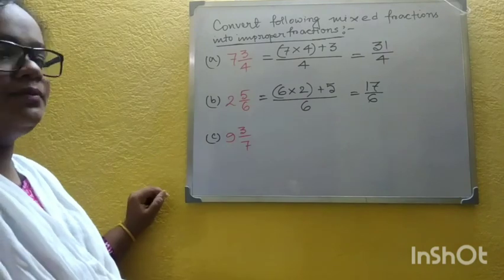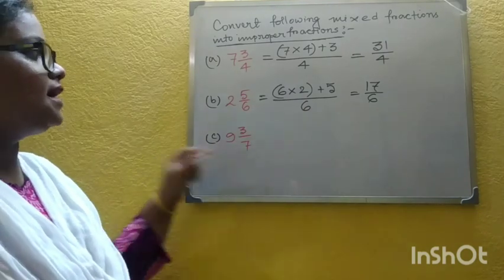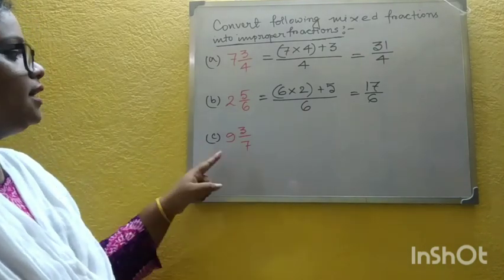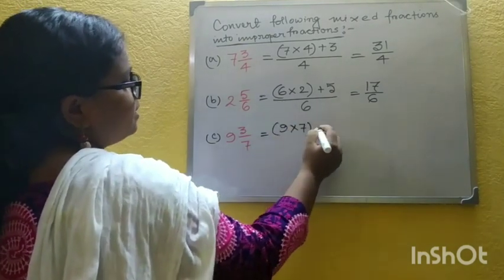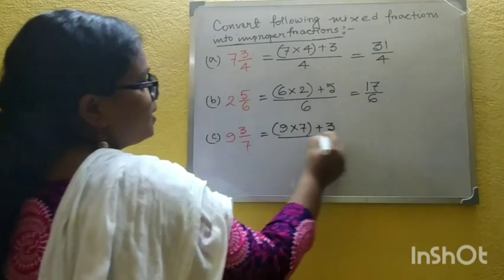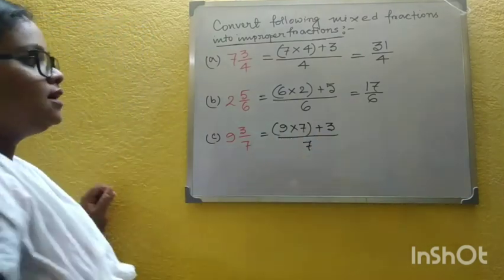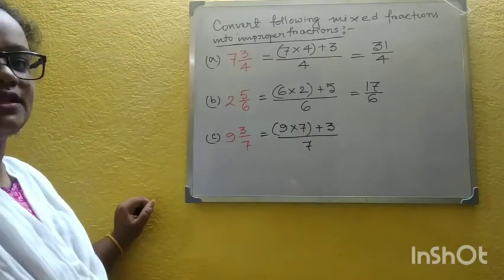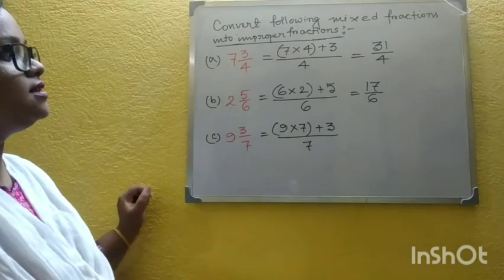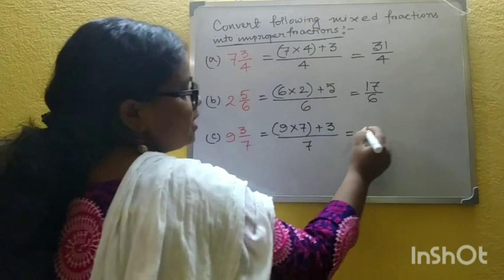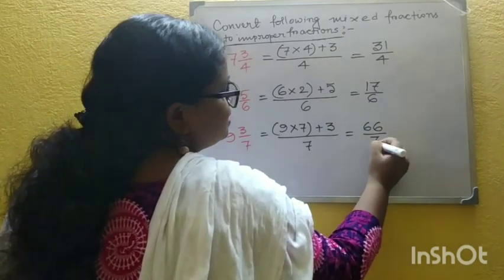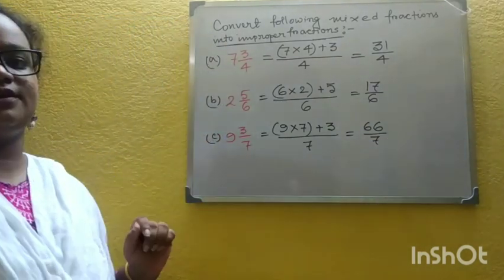In the third example, 9 and 3 by 7. Here also we will write 9 into 7 plus 3, by 7. Now 9 7s are 63. 63 plus 3 is 66. So the answer will be 66 by 7.